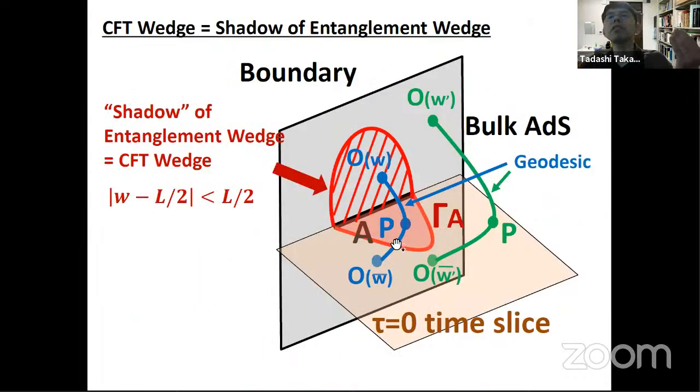That way, we have a very simple phase-transition-like behavior. And we see that if we excite a point inside this red shaded region, which is just the boundary counterpart of the entanglement wedge, we project the entanglement wedge along this geodesic towards the boundary. Inside here, we can distinguish two points, but outside we cannot. So this manifestly shows the location of the entanglement wedge. This is a shadow of the entanglement wedge.